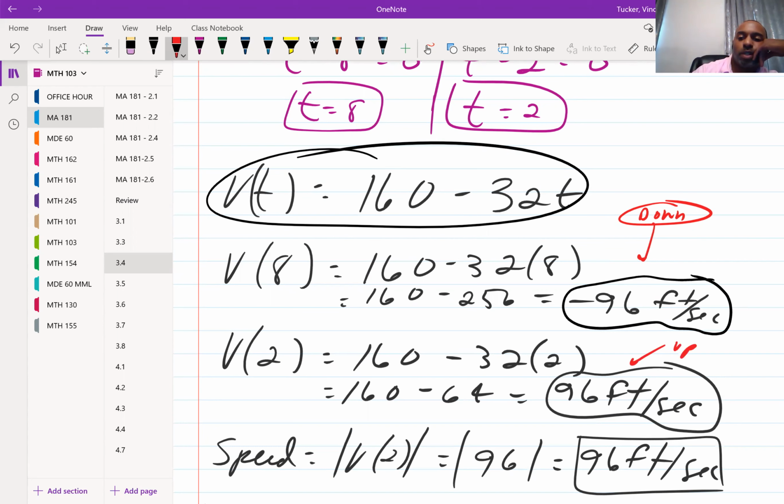At 2 seconds, it's going up, that's why it's positive.